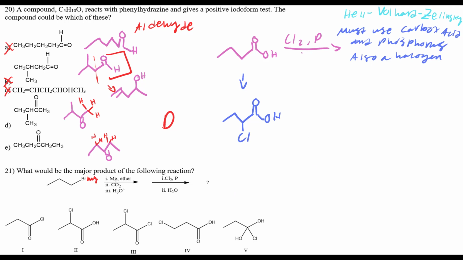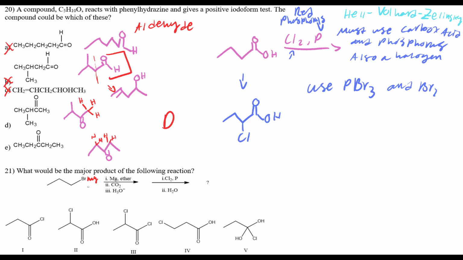And essentially, you want to look out for this phosphorus right here. So this is called red phosphorus. And you have a halogen right there. Now, you can do it with chlorine, you can do it with bromine. If you do it with bromine, you can use PBr3 and Br2, okay?